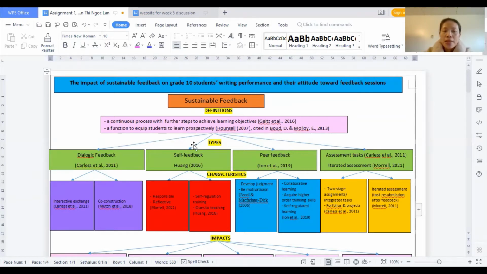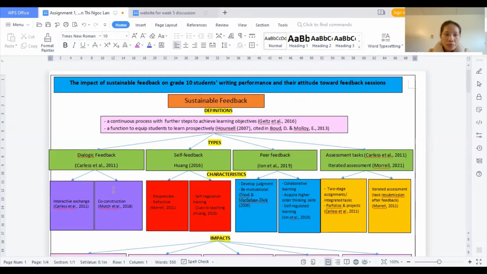And there are many types of sustainable feedback, such as dialogic feedback proposed by Carless et al. 2011, self-feedback in Hunt 2016, peer feedback in Double et al. 2019, as well as assessment tasks suggested by Carless et al. 2011, or iterative assessment in Morrell 2021.